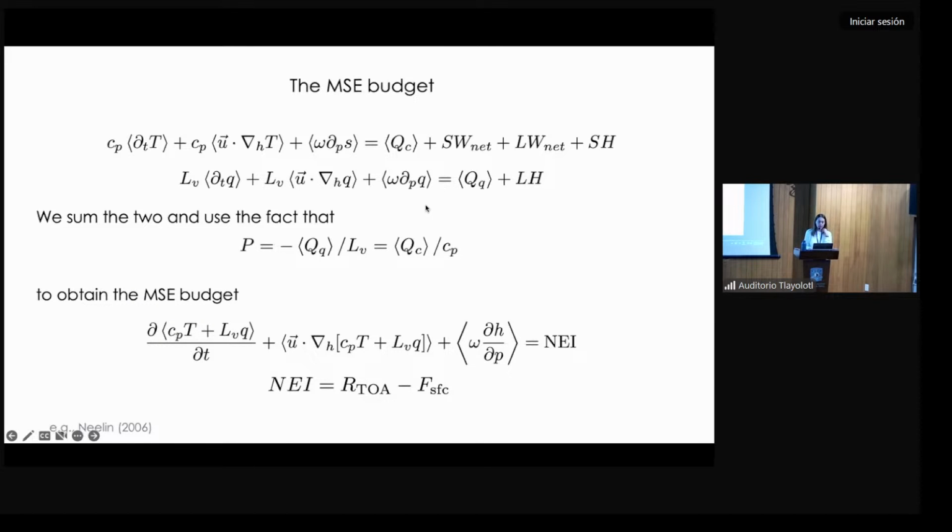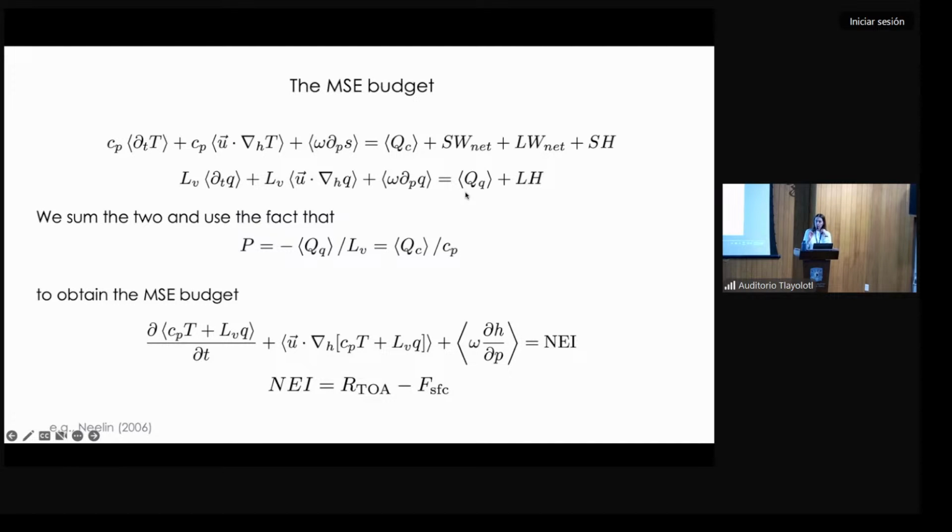When we look at the moisture equation, we have a removal of moisture through condensation throughout the column, the net, of course. And then we need to take into account how water vapor can enter the atmospheric column through evaporation from the bottom. So now we sum, and we use the fact that the condensational diabatic heating is equal to this moisture sink from the moisture equation.